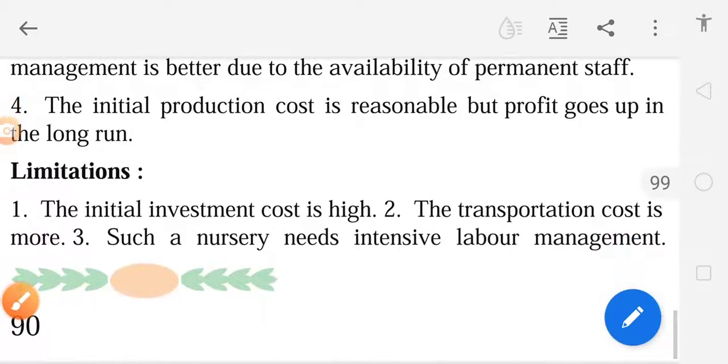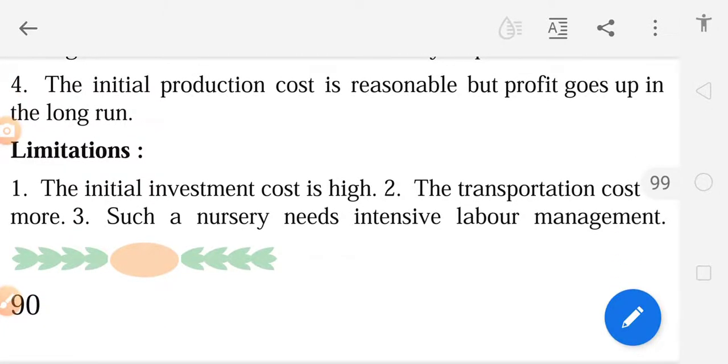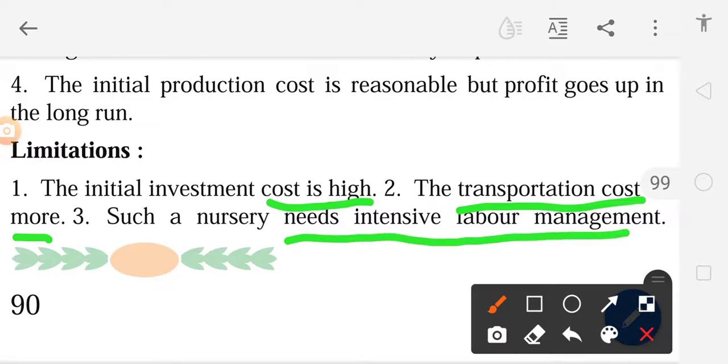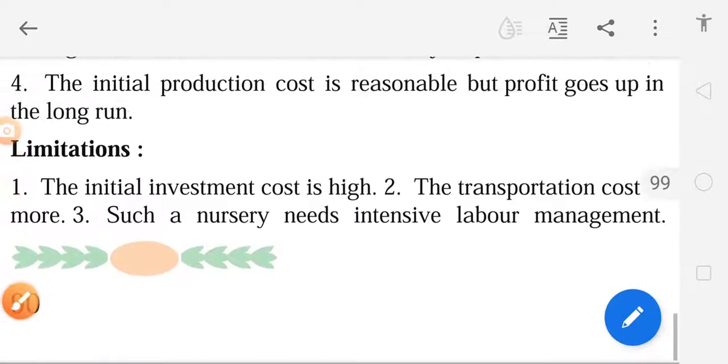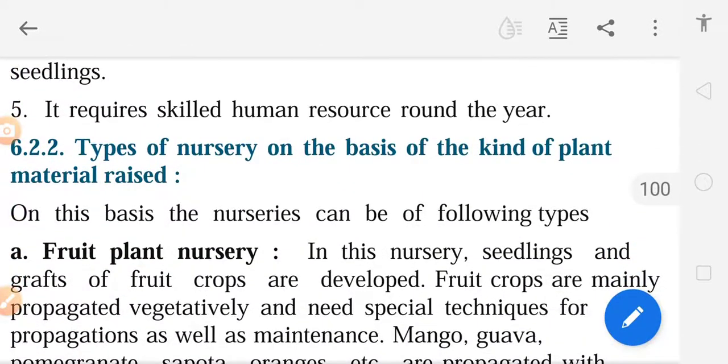So these are the benefits, but still there are some limitations of a permanent nursery. Which are the limitations? The investment cost, initial cost, is very high. It requires transportation cost, which is also very high. It needs intensive labor management, meaning more laborers, so more money is also required.